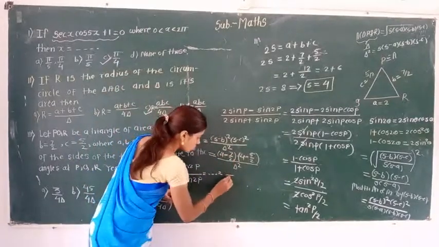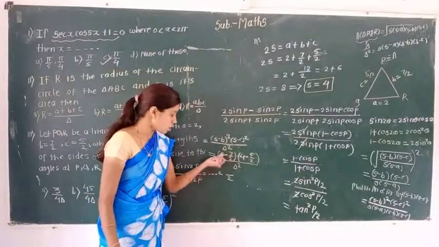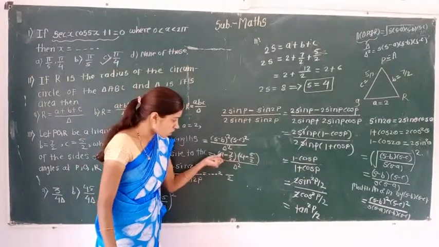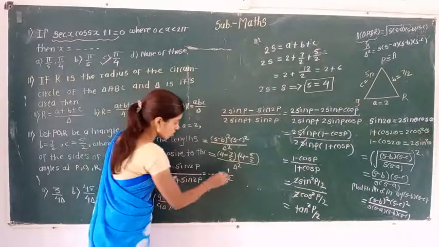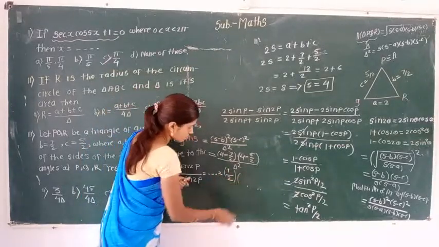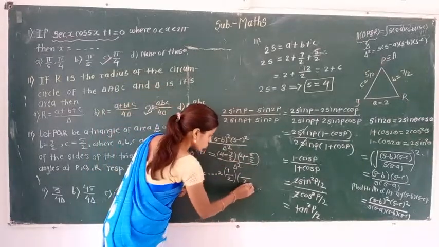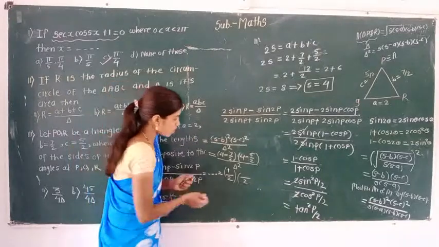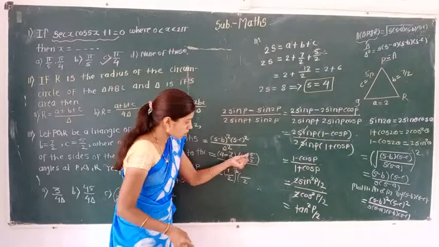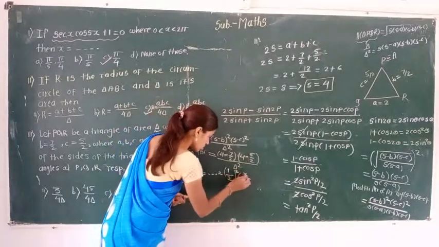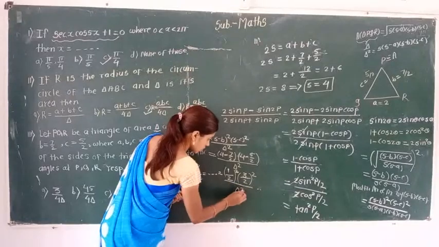LCM is 2. Take cross multiplication: 4 2s are 8, 8 minus 7 is 1. Now take cross multiplication for the other bracket, LCM is 2: 4 2s are 8, 8 minus 5 is 3, bracket square, whole term divided by delta square.